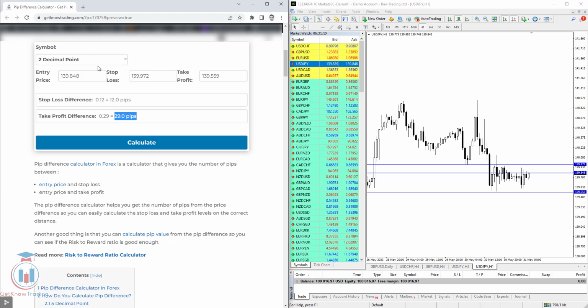So this Pip Difference Calculator will not give you the correct value in number of pips. If you are using any other market which is not synthetic, or maybe the stock market, pay attention that there will be some kind of misinformation if you are using this Pip Difference Calculator.